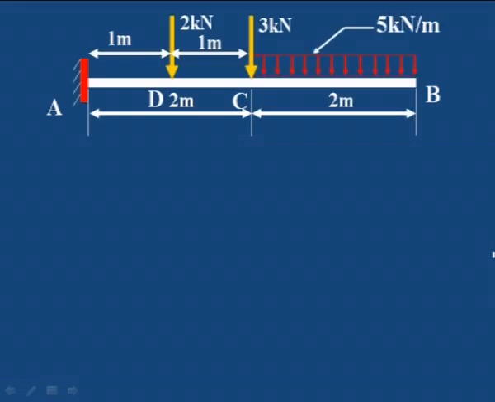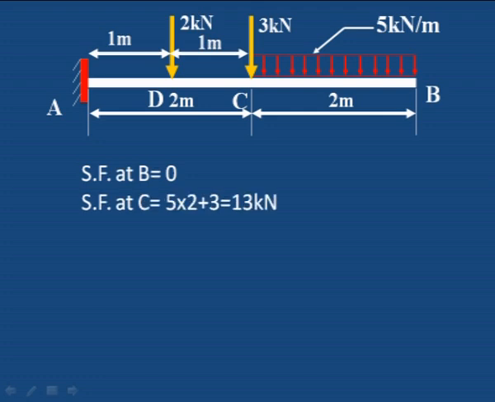Similarly, I have taken a uniformly distributed load on the right side. You can observe the shear force with the uniformly distributed load on the right side, one point load acting at the end of the uniformly distributed load, and one more point load acting here at 1 meter from this 3 kilonewton. Shear force at B is 0, because no load is there.